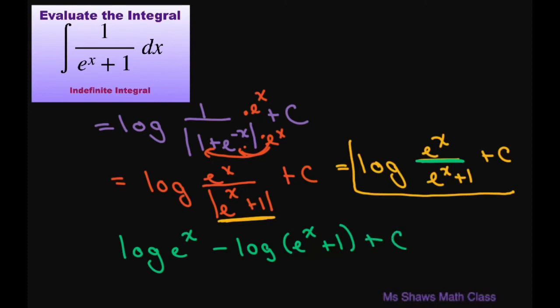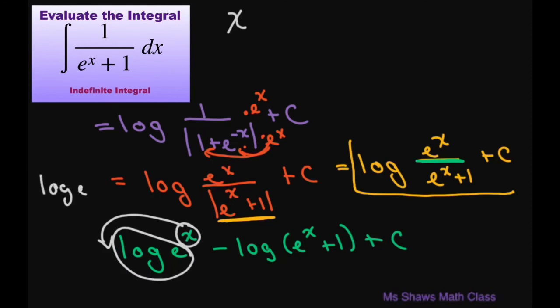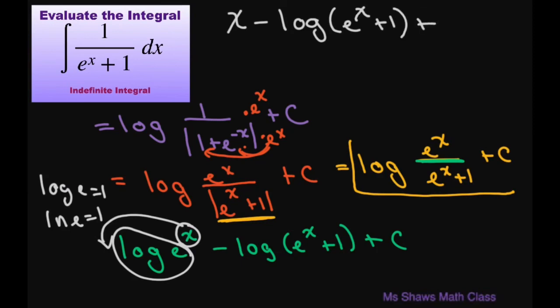In this form, I can use my power property, bring this x in front, and write x log of e. Log e equals 1 if you use a natural log, since ln of e equals 1. So now you have just x minus log of e to the power of x plus 1 plus c.